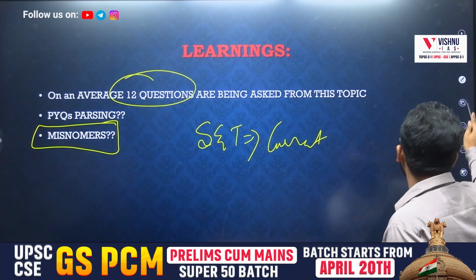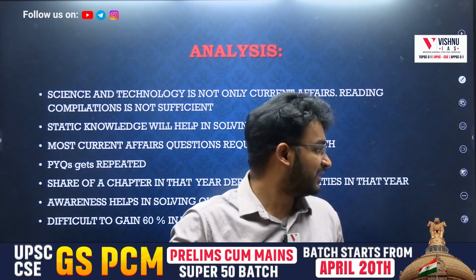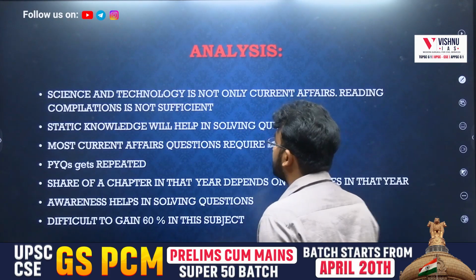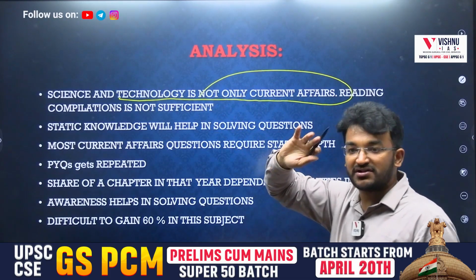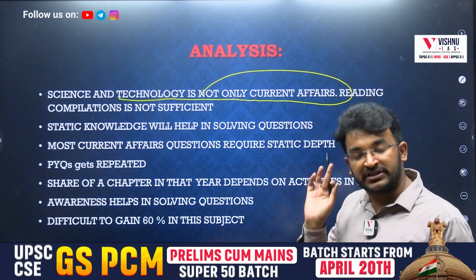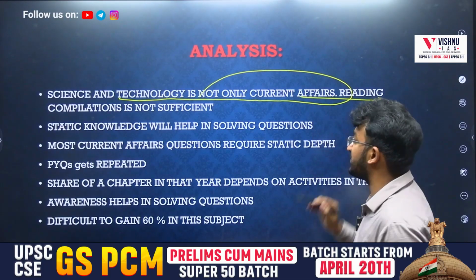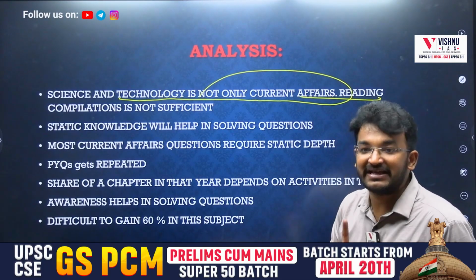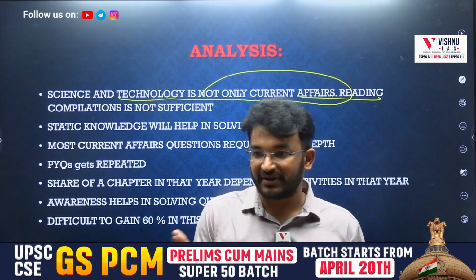Now, as I mentioned, there are many misnomers with respect to science and technology. The very first misnomer is that science and technology is only current affairs. The answer is that science and technology is not only current affairs. Reading compilations: generally many will be going for some compilations.